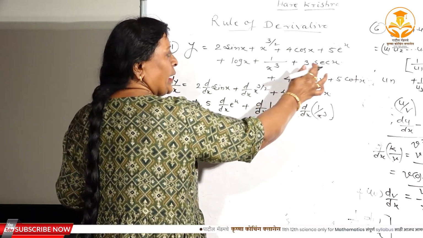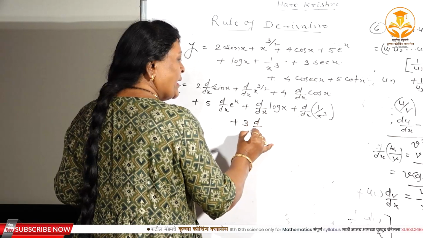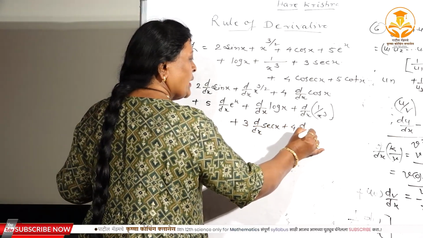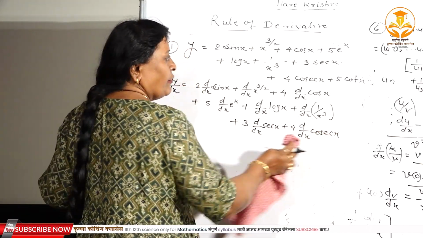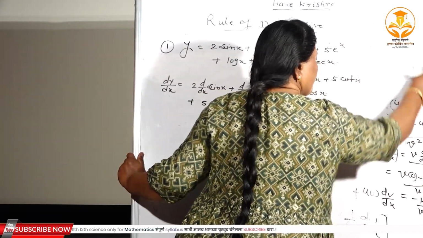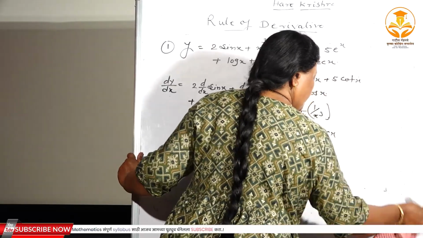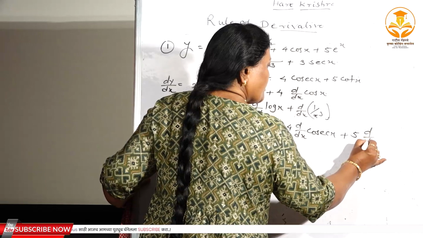When the constant is multiplied to the function, constant remains as it is, take d/dx of sec x. Plus 4 remains as it is, d/dx of cosec x. Right? Again, 5 remains as it is, take d/dx of cot x.